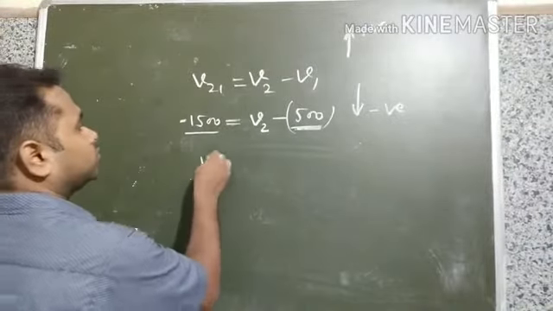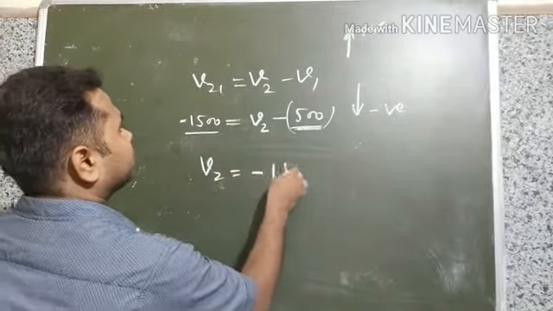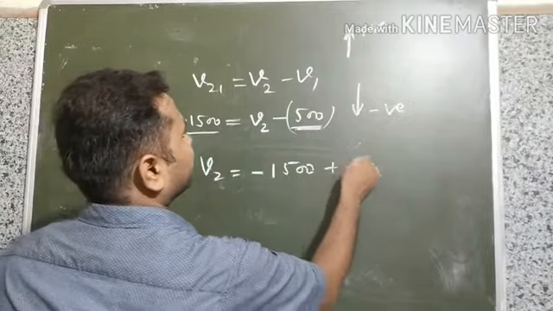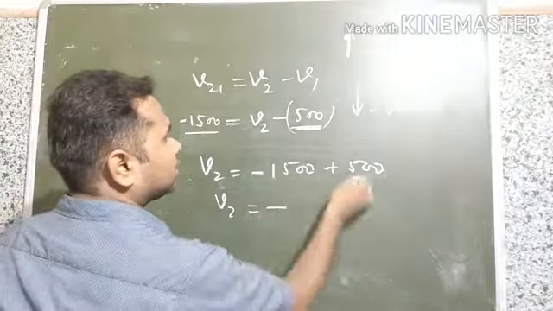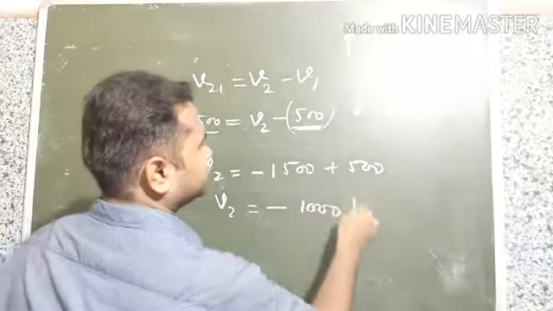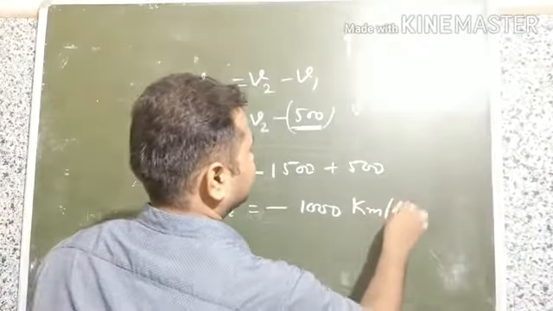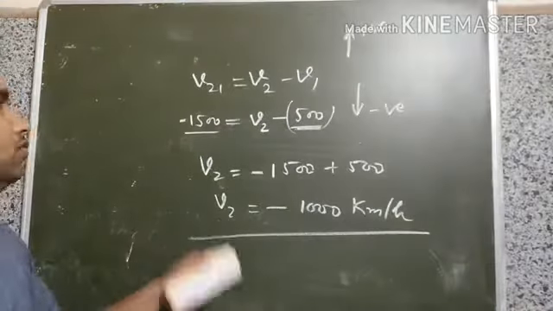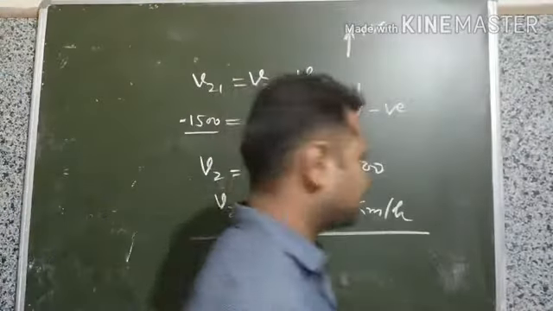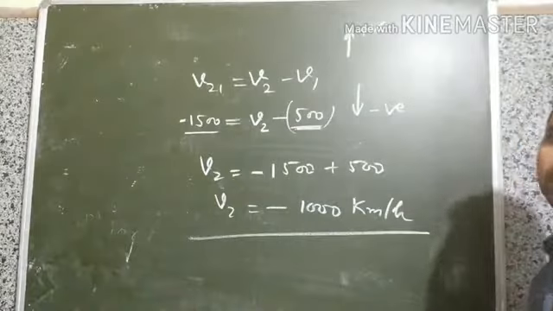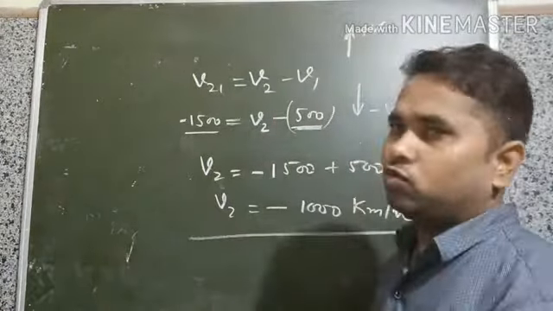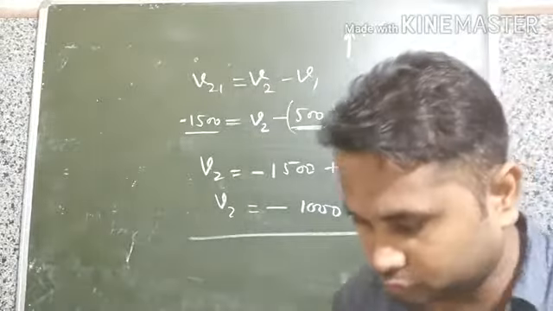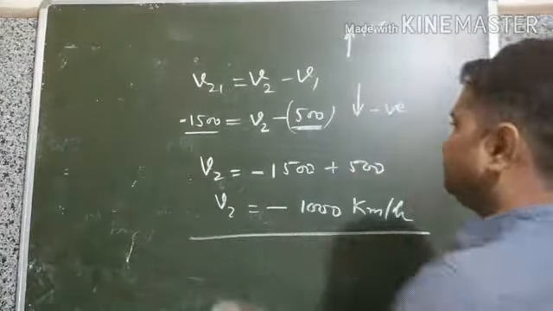So V2 is minus 1500 plus 500, or V2 equals minus 1000 only. This is the velocity of the product of combustion with respect to the observer on the ground, and the minus sign shows that it is downward. So this is a question of relative velocity.